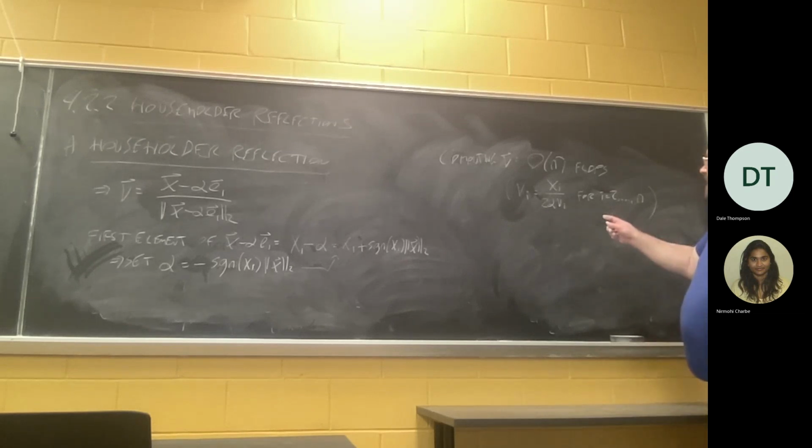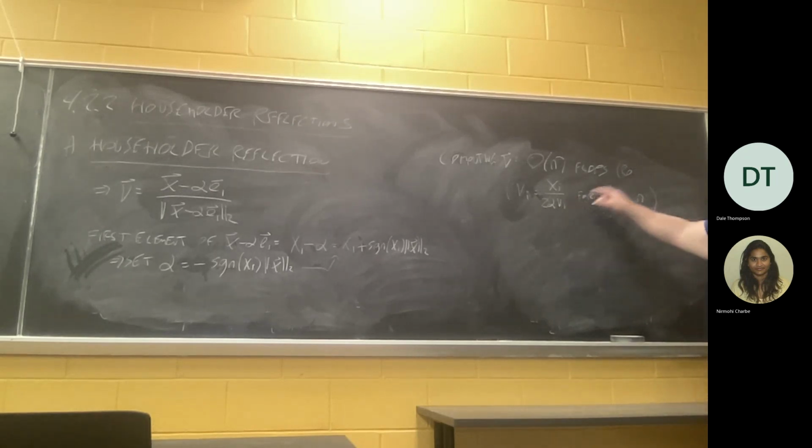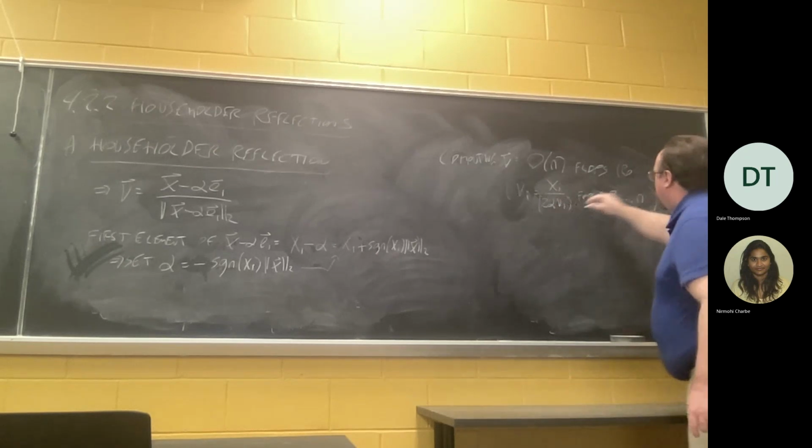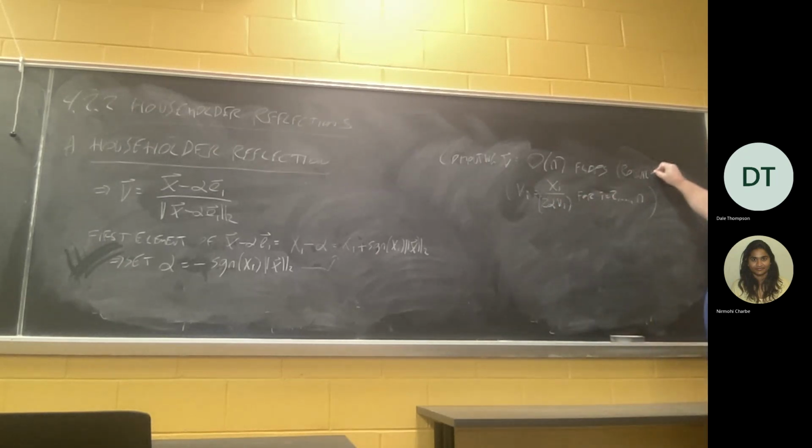But once you have it, you're just taking the rest of X and dividing it by something. So every element of V, except the first, requires one flop. You compute this number once and divide. So really cheap.